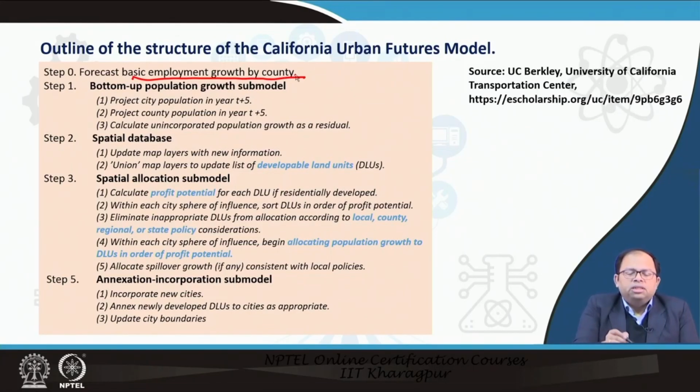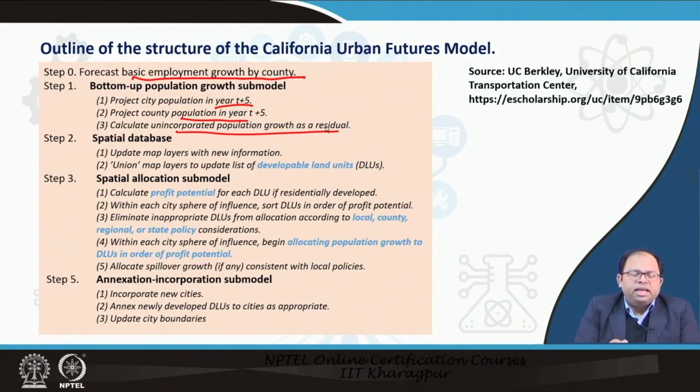Then in the bottom up population growth submodel, we project the city population for 5-year periods. Then we also project the county population for 5-year periods, and then we calculate unincorporated population growth as a residual. That means people who are not already allocated land because of this excess population growth, those people are considered and have to be allocated a particular land.